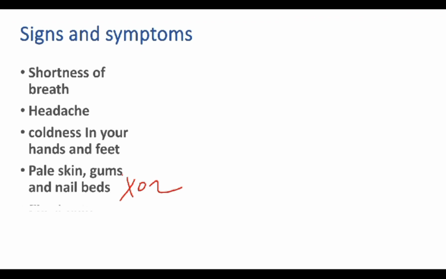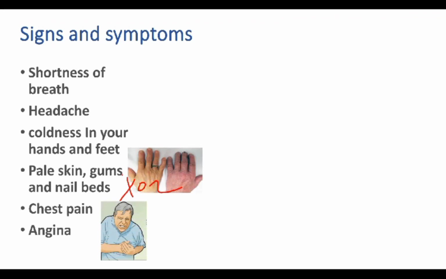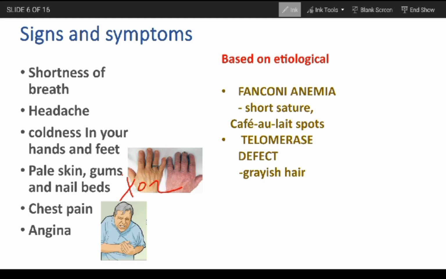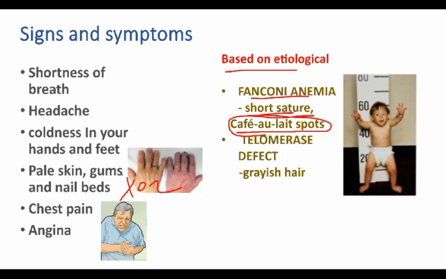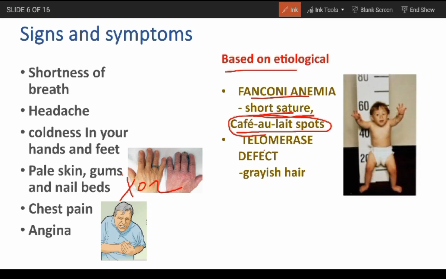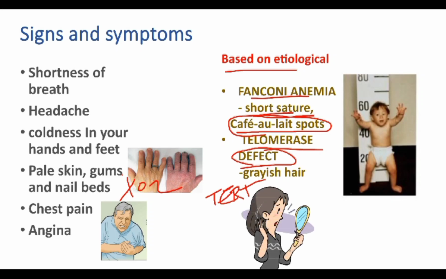Based on etiology, the signs and symptoms are: if a patient has Fanconi anemia, they will have short stature and spots such as café au lait spots. Next, if a patient has a telomerase defect, in brief, it is shortening of telomeres due to TERT or TERC gene mutation. They will have symptoms like graying of hair in young patients.